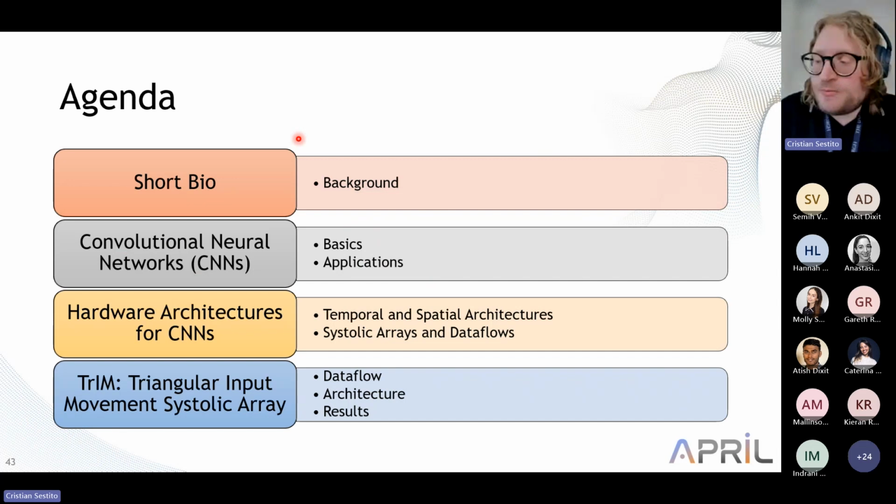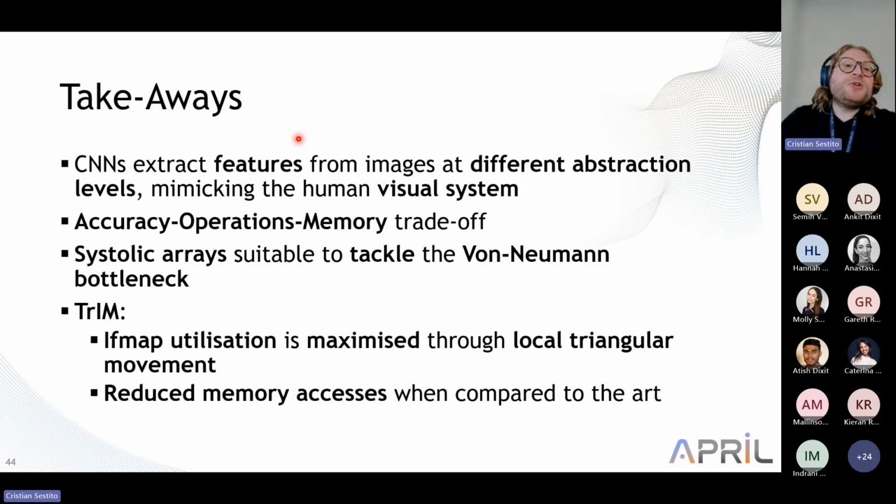Now, I'm approaching the conclusion of the talk. Today we tried to provide some context about the significance of convolutional neural networks and how they may be implemented in hardware, by proposing an innovative type of systolic array that exploits a triangular input movement. What are the key takeaways of today's discussion?